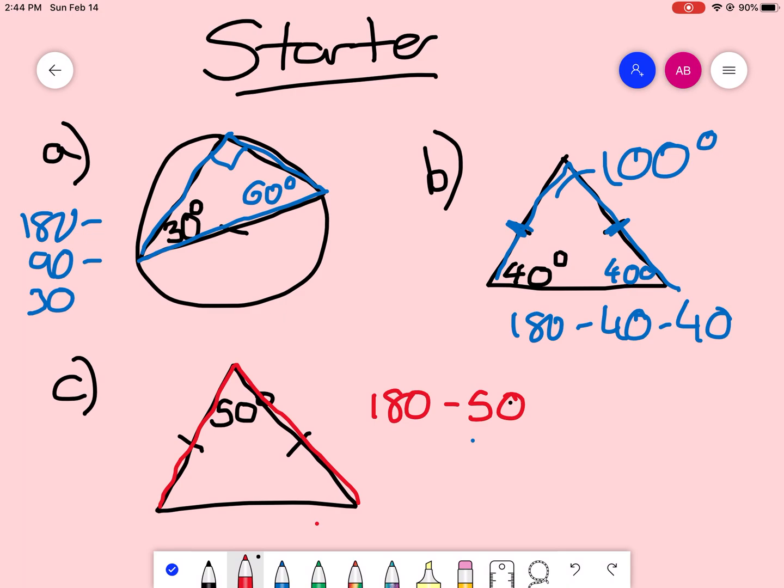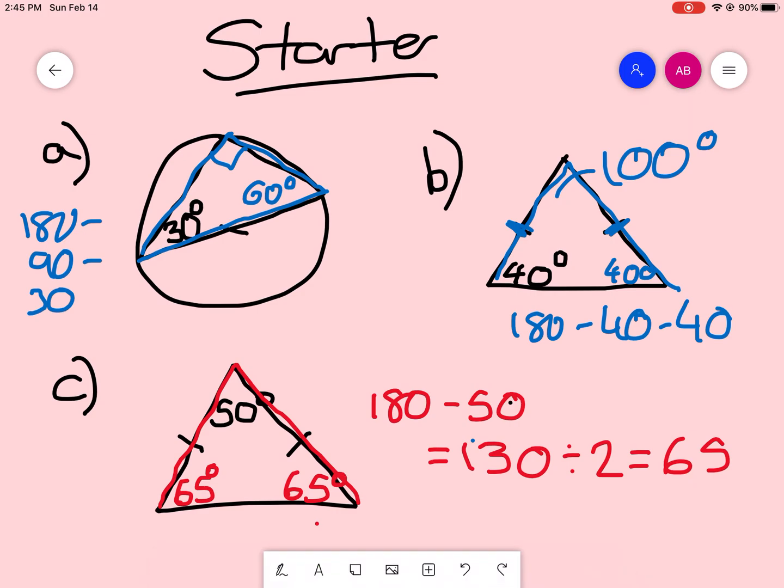That's the only angle we have in the triangle. That gives us 130. Both of those two angles have to add up to 130, but they also have to be the same size. Therefore, we can find those by halving 130. And that will give us 65. So 65 degrees in that one and 65 degrees in that one.